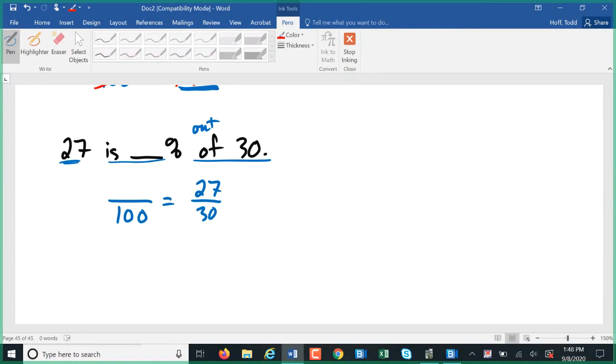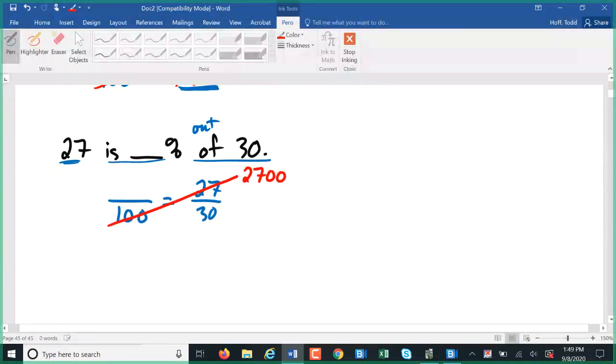We find the two numbers that are diagonal, 100 and 27, so we multiply those. 100 times 27 is 2,700. Then the number that's diagonal to the missing number is what we divide by. We divide by 30. 2,700 divided by 30 is 90. So that's 90 out of 100, or 90%. 27 is 90% of 30.